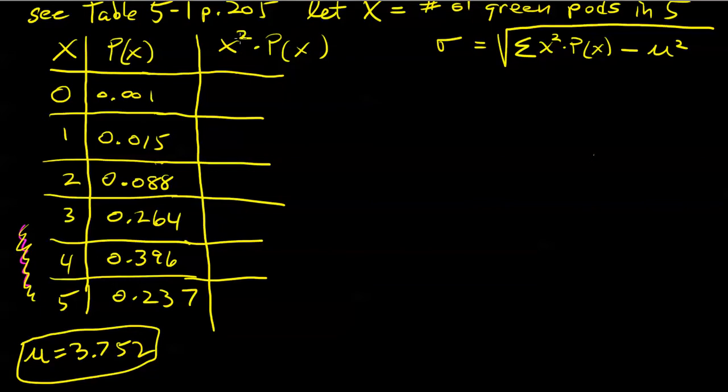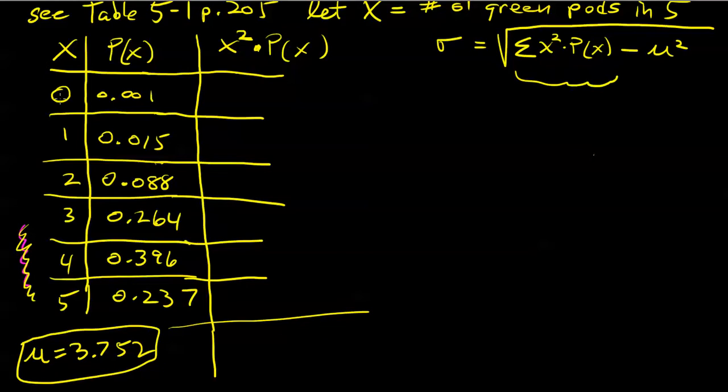So basically I'll take each x value, square it first, then multiply it by its associated probability as noted in this table, and the sum of this column will be the term under the root sign. And the worst will be over once I get the sum of that third column.